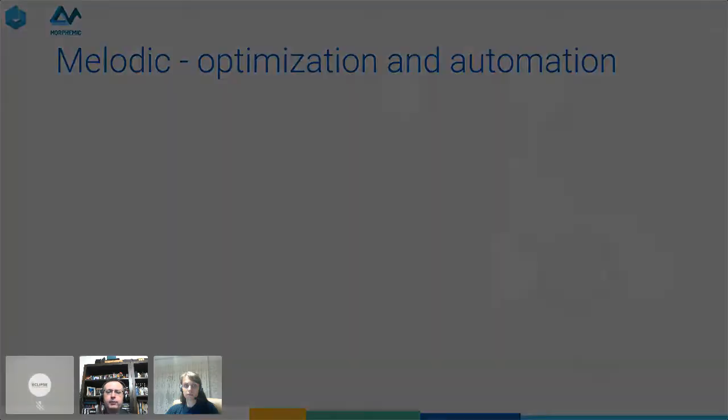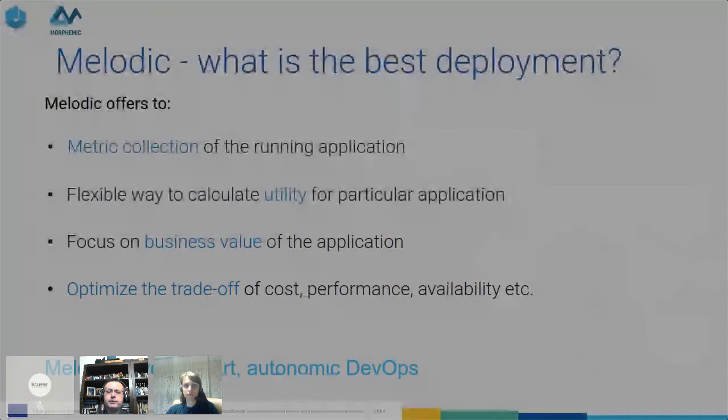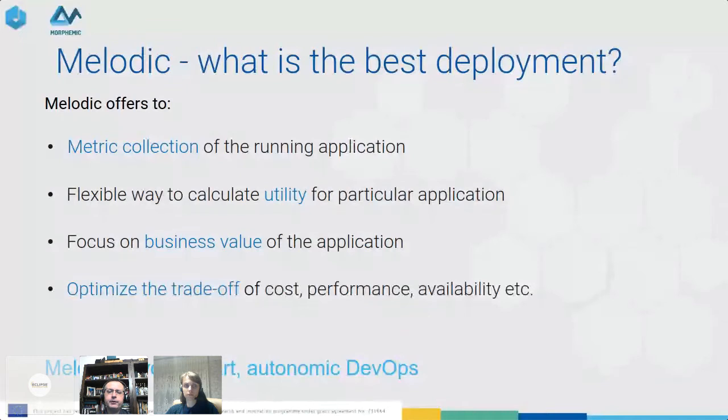And this optimization is done fully automatically. So the metrics, as I said, are collected in real time and delivered through the multi-layer event management system to the central point. And in the central point of the platform, the very advanced AI-based solvers are continuously solving the problem and trying to find the best possible solution in the current moment.